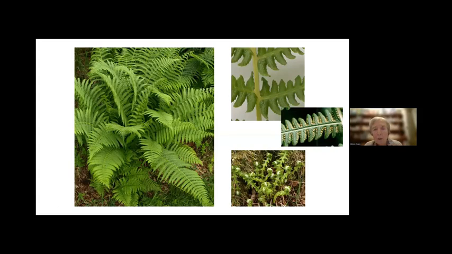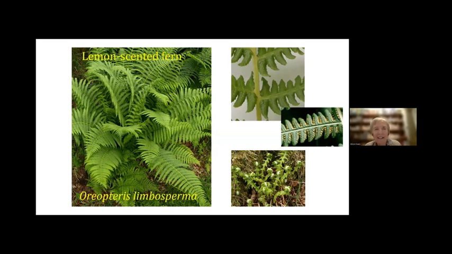And another twice divided fern, which if you go into wet uplands, can be really, really common, is the lemon-scented fern. Typically has this rather yellowish green rachis, which can sort of set it apart from the other twice divided ferns.